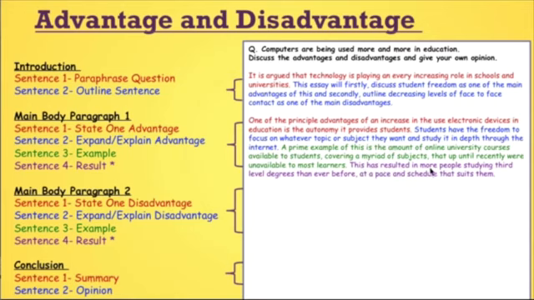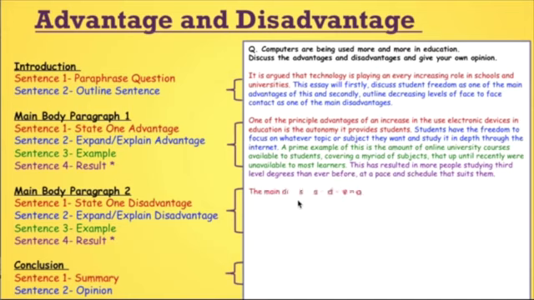This has resulted in more people studying third-level degrees than ever before at a pace and schedule that suits them. So notice that this is the result. So you have your four sentences: the topic sentence, the expansion of the topic sentence, the example, and the result.